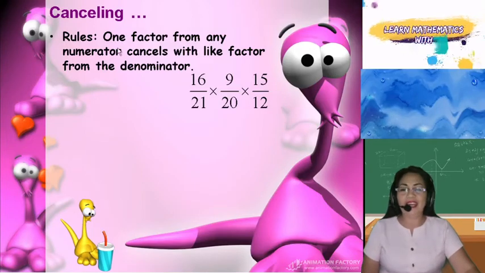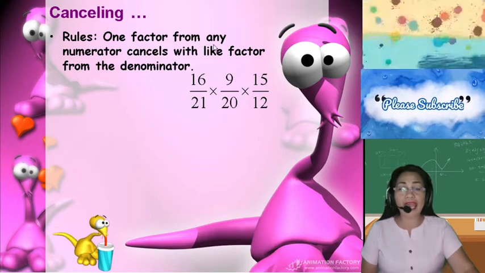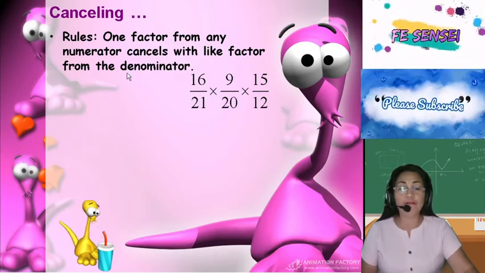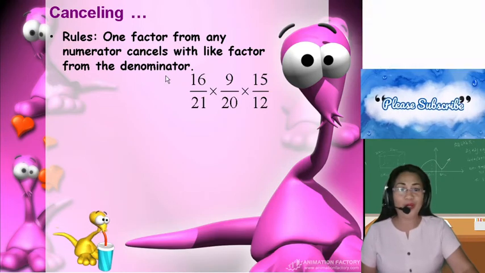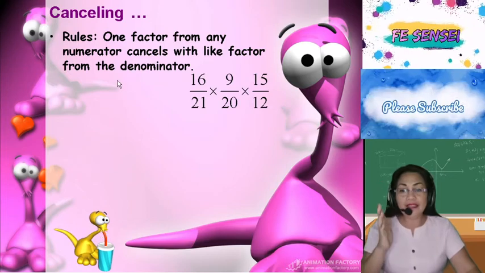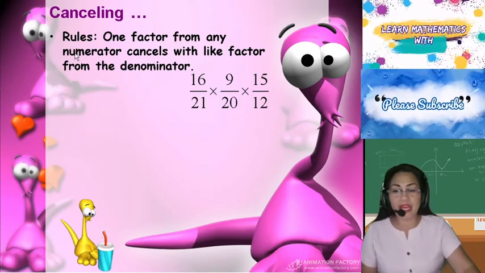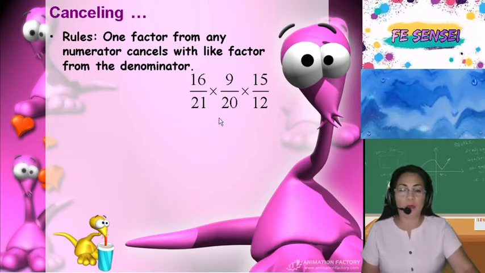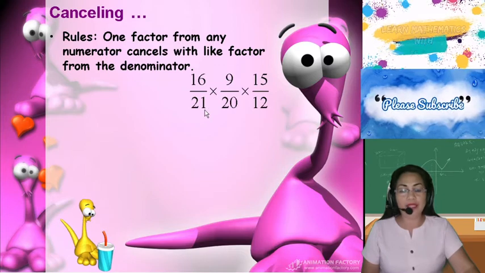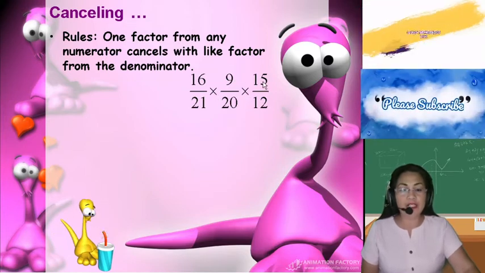So in canceling, the rule is, one factor from any numerator cancels with a like factor from the denominator. That is the rule in canceling. So you can cancel numerator and denominator. So let's have this example. 16 over 21 times 9 over 20 times 15 over 12.